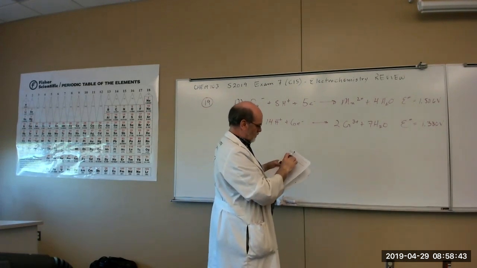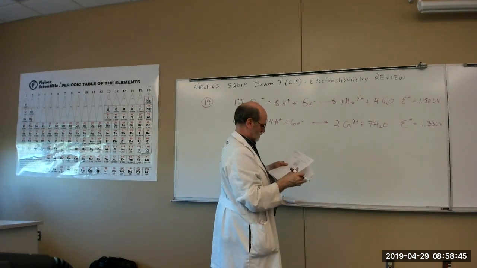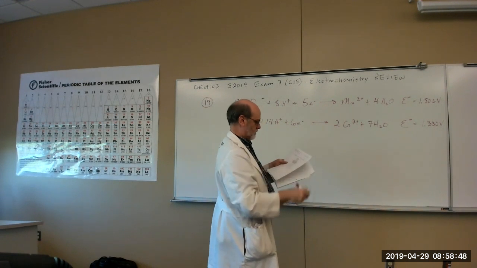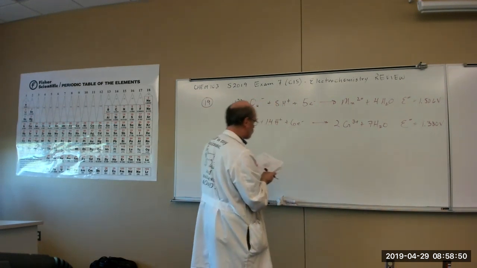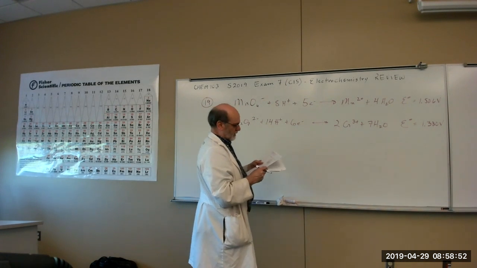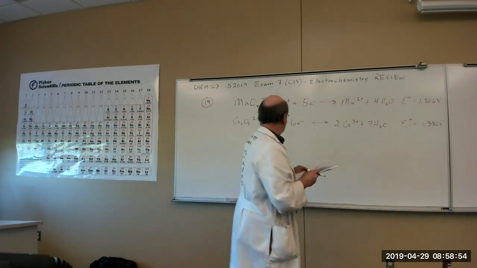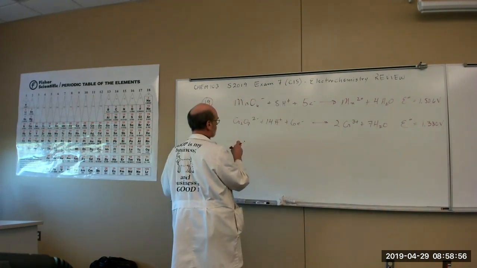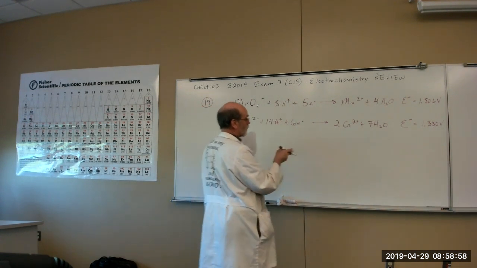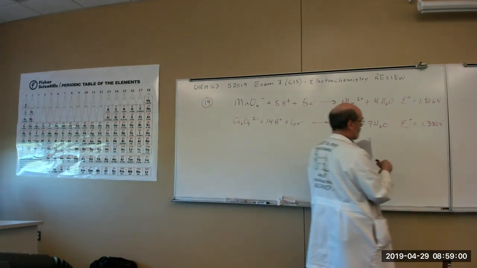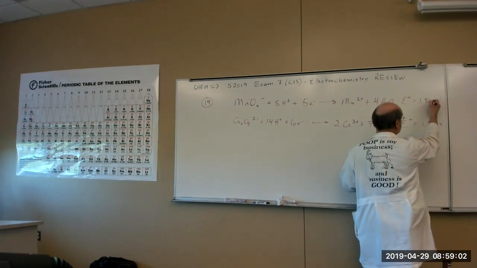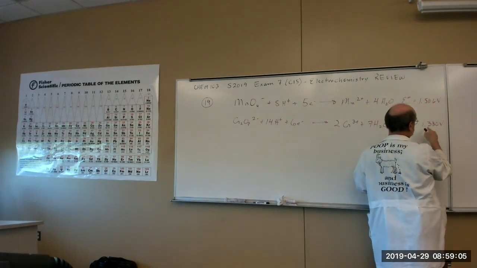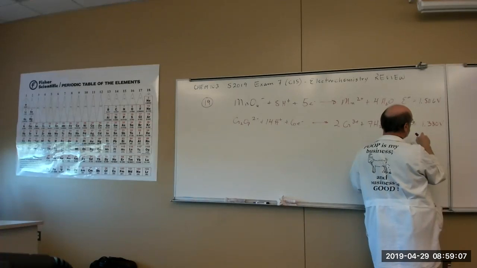And the way the picture is drawn, we're not told which one's which, which one's the anode, which one's the cathode. So we have to decide which one reduces and which one's oxidized. And we just look at the standard potential. Right. So which one can we make negative and still get a positive value? To be this one.